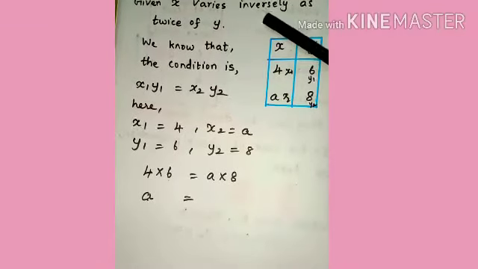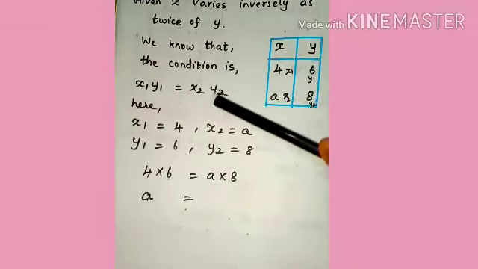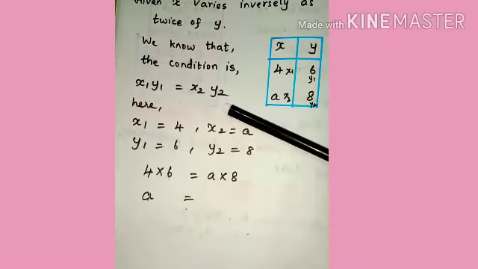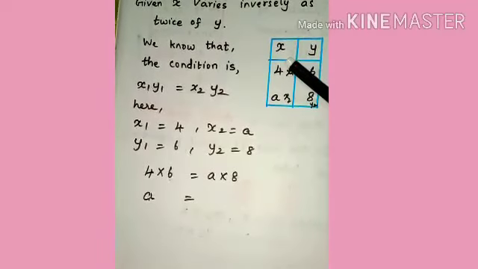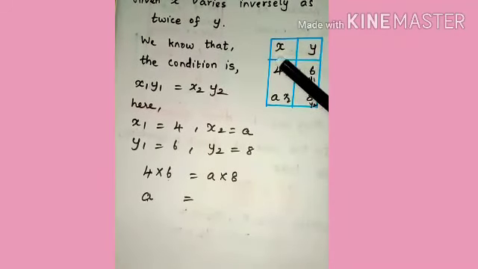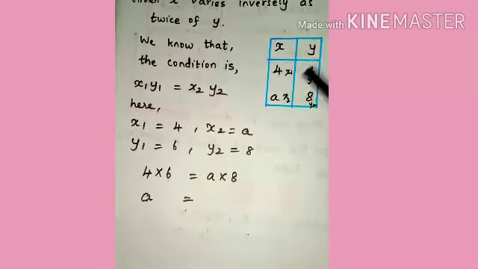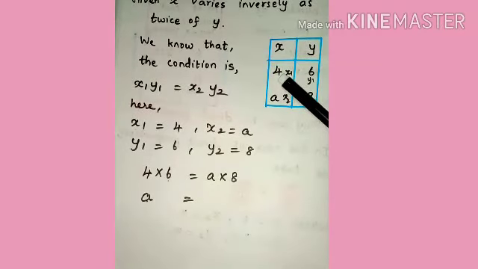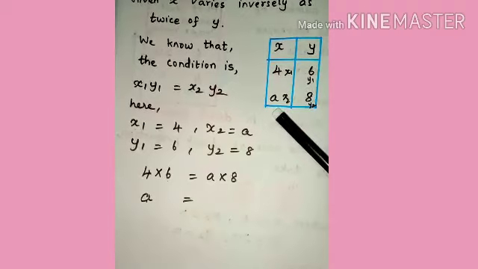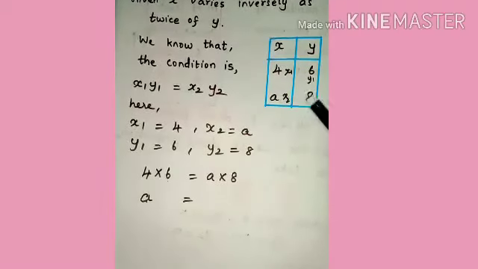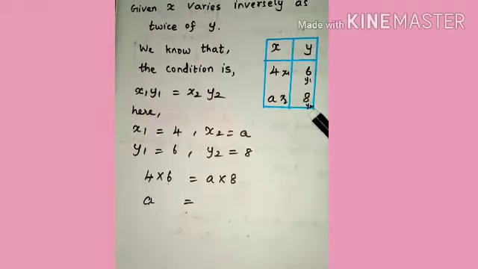So since it is given inversely, we know that the condition is x1 y1 is equal to x2 y2. And here the situations are not given, but the quantities are given as x and y. So here x1 is equal to 4 and y1 is equal to 6 and x2 is equal to a, which is unknown. We have to find it. And here y2 is equal to 8.